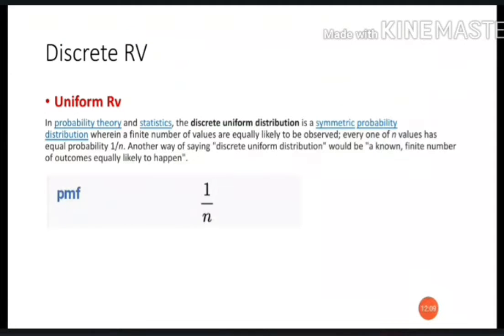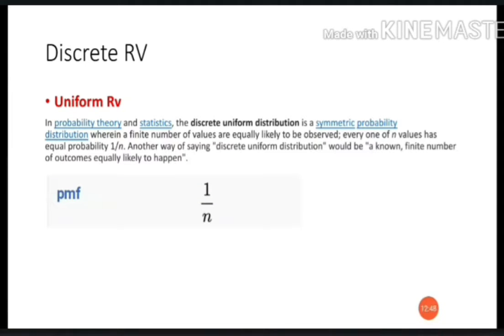The next is the discrete type random variables. There will be the uniform random variable first. We have the uniform discrete and uniform continuous random variables. That will vary according to our sampling needs. For the discrete version, in probability theory and statistics, the discrete uniform distribution is a symmetric probability distribution where a finite number of values are equally likely to be observed.